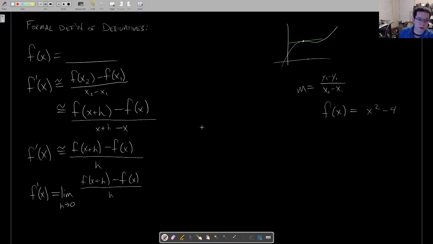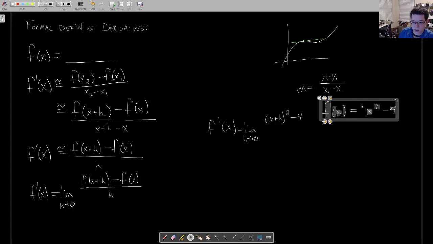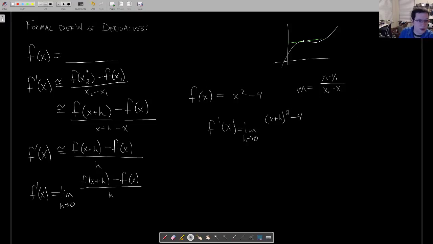Then when we go to do this formal definition, we'll say f prime of x is equal to the limit as h goes to 0 of f of x plus h, which is just x plus h squared minus 4, example.